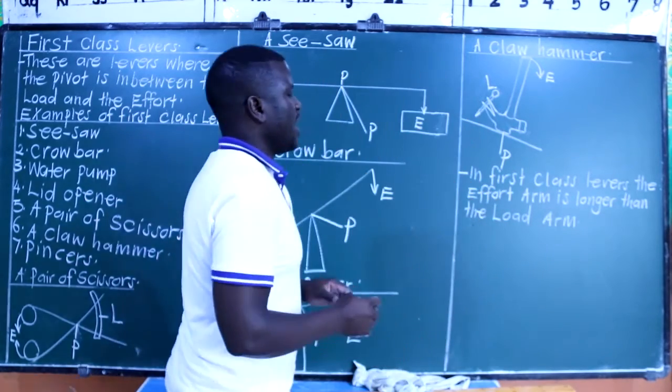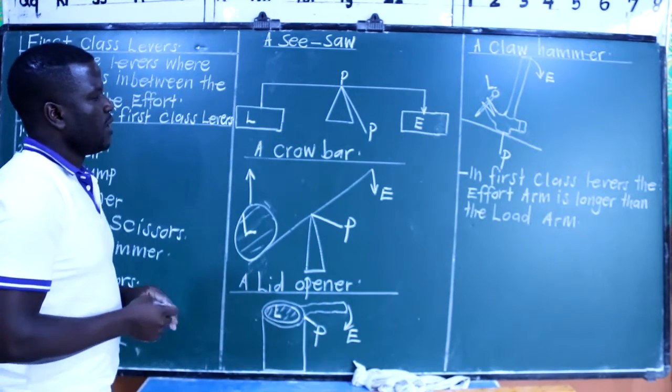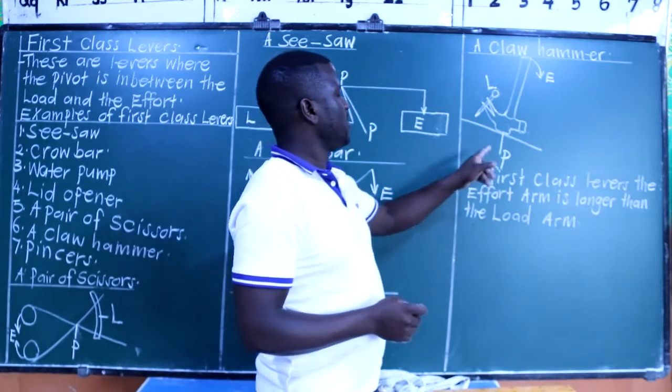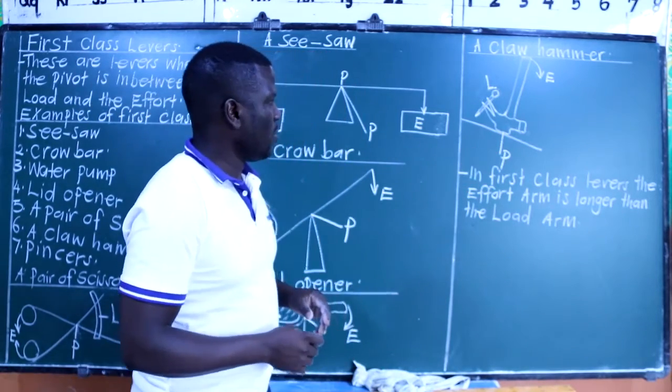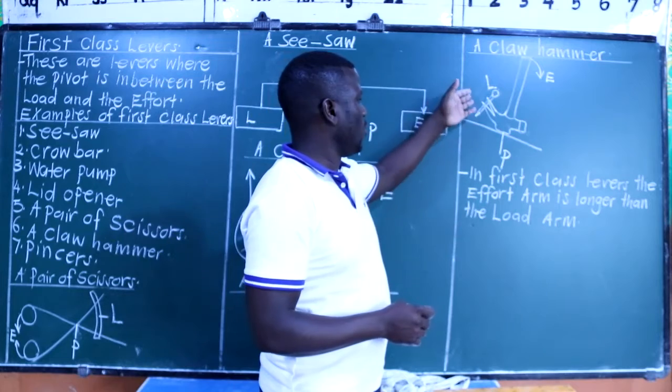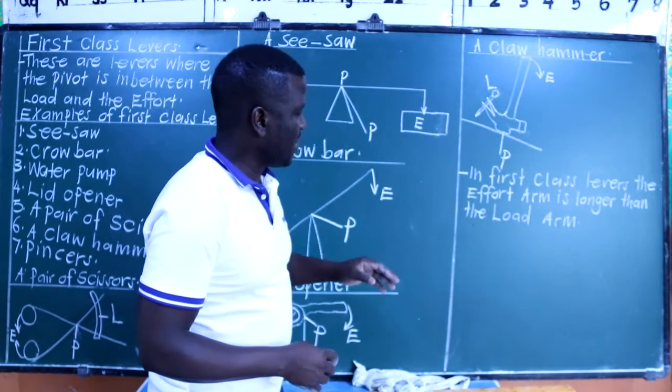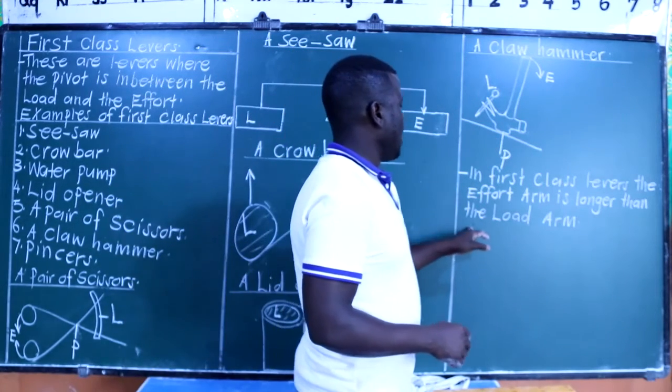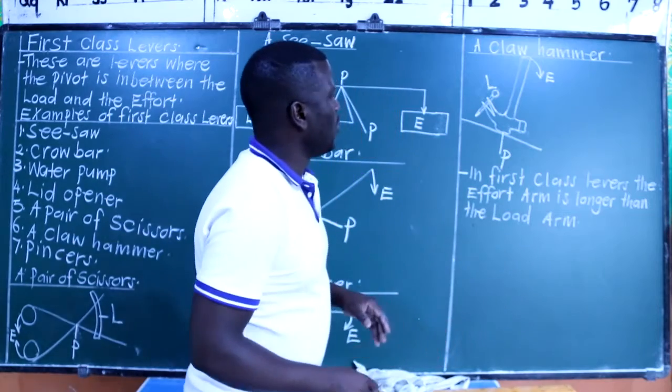We say the effort arm is the distance between the effort and the pivot. Then the load arm is the distance between the load and the pivot. So we are saying that in first class levers, the effort arm is longer than the load arm.